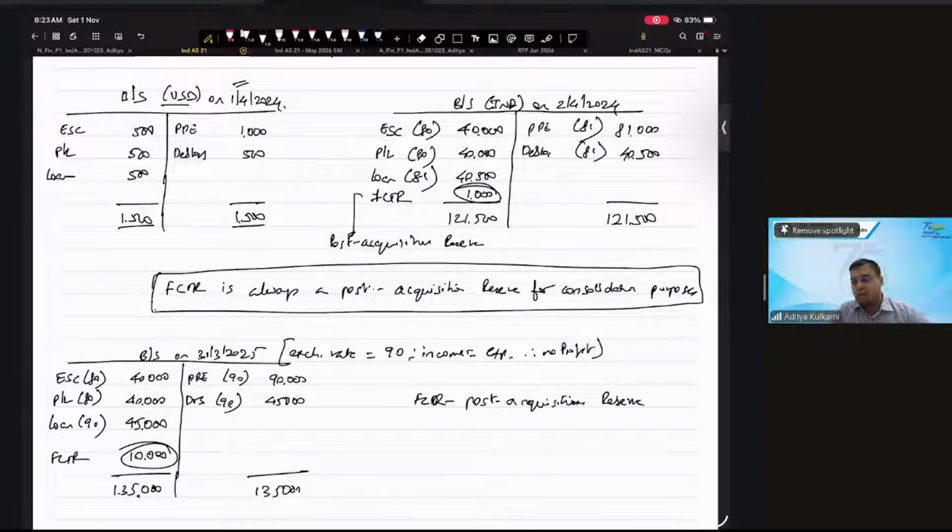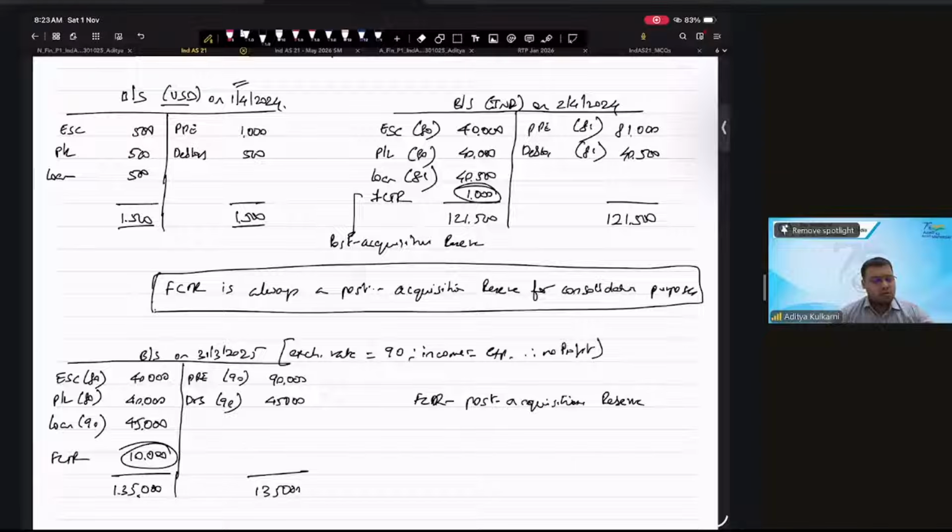Because of the fact that I am very rigid on conversion of two items. That is my share capital and opening reserves. I am very rigid on this. Otherwise, my post-acquisition profits also I am using average rates.